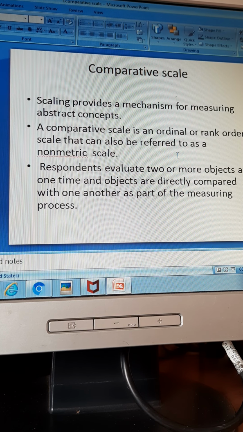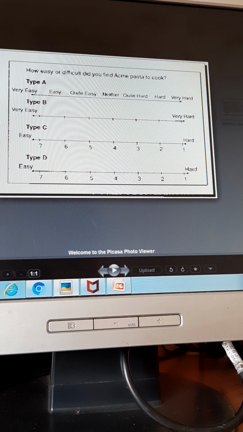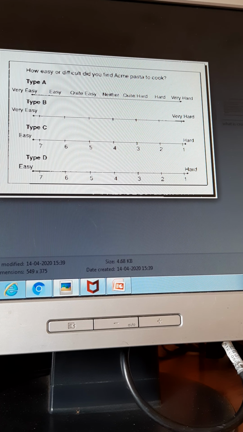Let us look at paired comparison. Okay, so there are 4 different types of noodles. And is it easy to cook? Quite easy, neither easy nor difficult, quite difficult, hard. What is this kind of scale called?